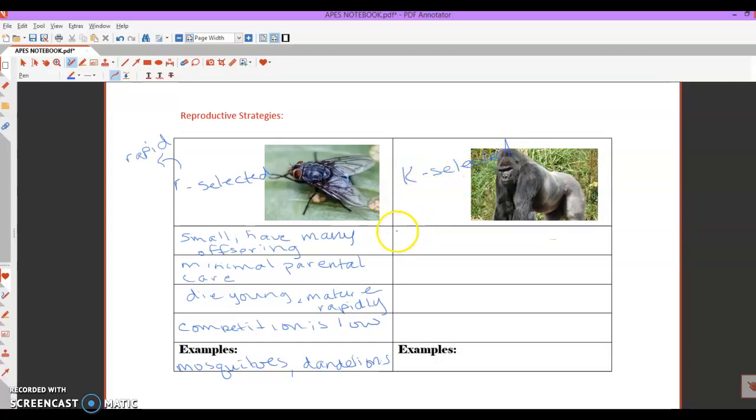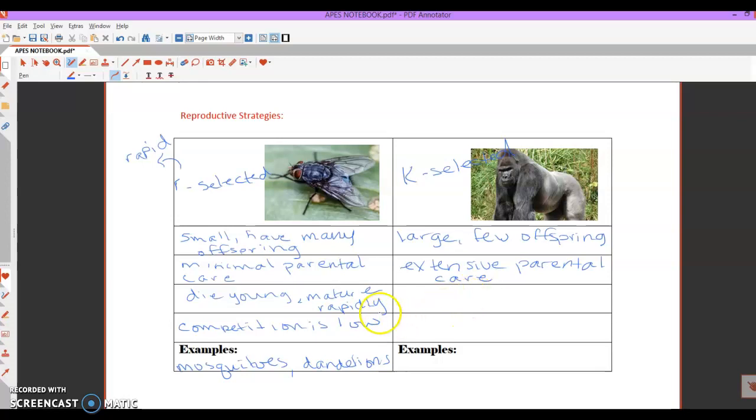So these organisms are large, and they have few offspring. So you can probably already think of tons of examples in your head, okay? They have extensive parental care. So obviously the mothers in these situations are going to provide very long care for their young.